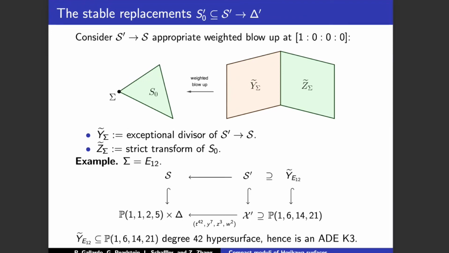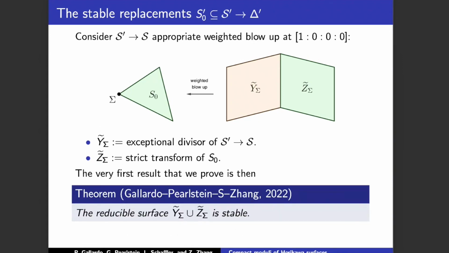So this is all nice. This is all like calculations that you can do, constructions that you can make, but you need to remember that unfortunately there is no guarantee that what we just produced is a stable pair. You actually have to go ahead and prove it, right? We just made this procedure. So the very first big result that we prove, and this is quite lengthy, especially because there are 8 cases to work with.